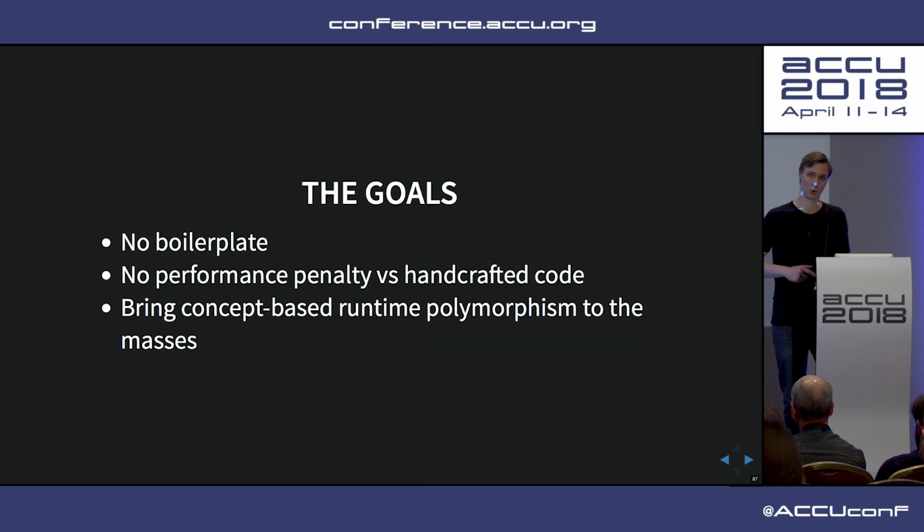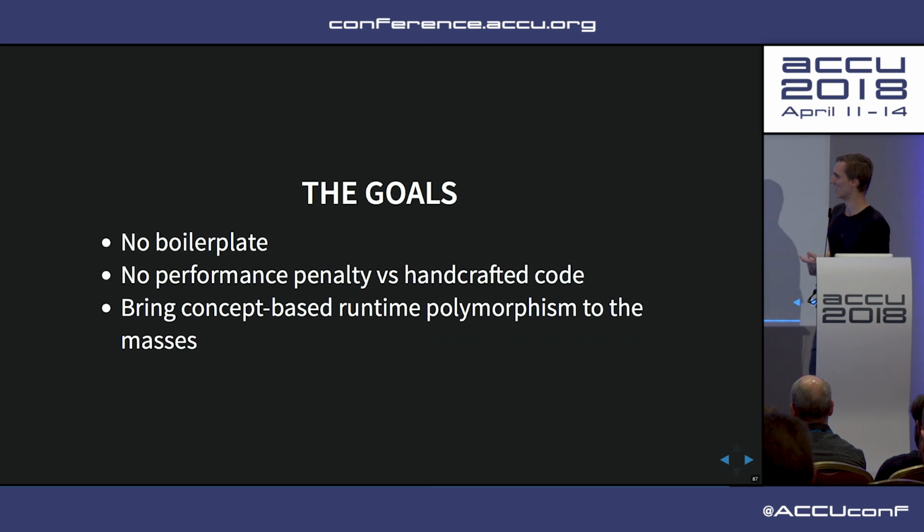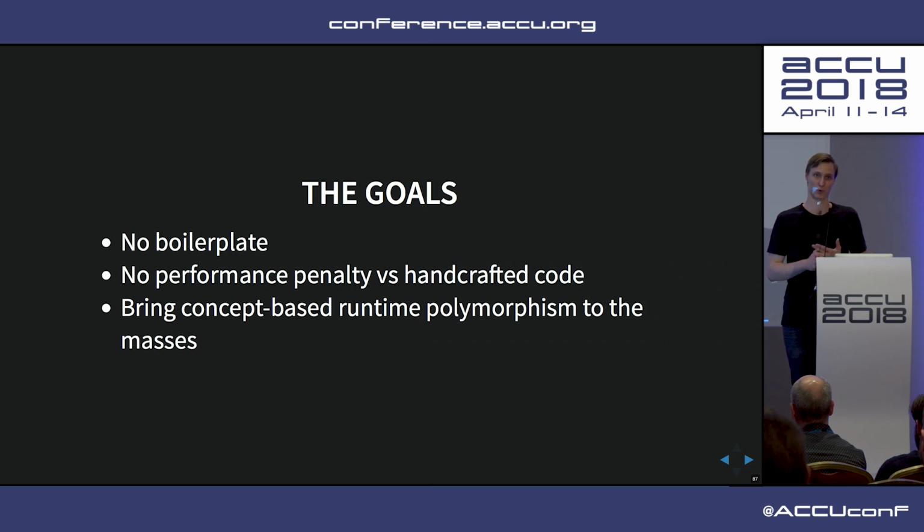So the goals, of course, are no boilerplate, because what I have today is just too much boilerplate, unfortunately. No performance penalty versus handcrafted code. And my goal, I guess my crusade, is really to bring runtime polymorphism without inheritance to the masses.